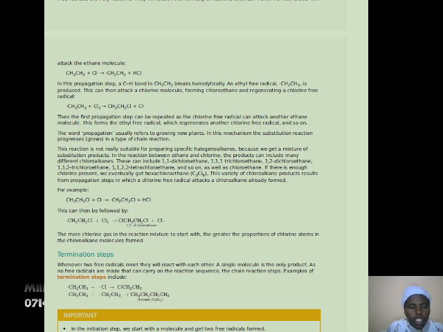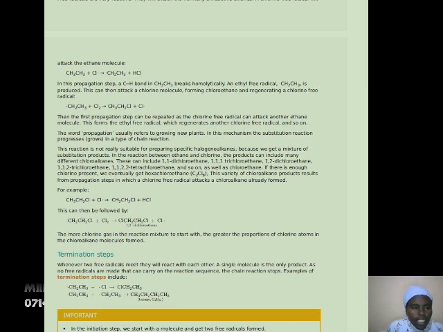One of the hydrogens bonded to the carbon breaks off homolytically, so the hydrogen takes away 1 electron and the chlorine takes the other electron. An ethyl radical is formed, a radical that has 1 electron, and it can then combine with a chlorine molecule, forming chloroethane.